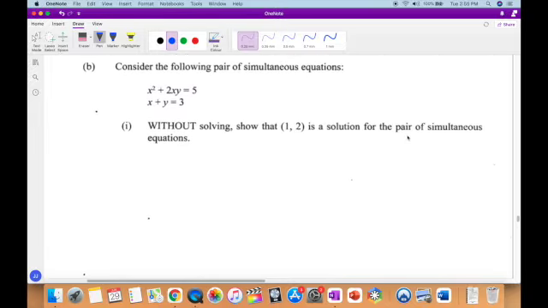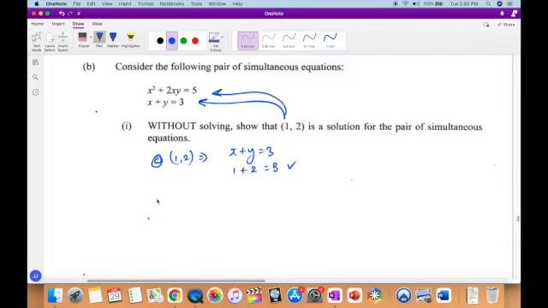Consider the following pair of simultaneous equations. They say, without solving, show that (1, 2) is a solution for the pair of simultaneous equations. Well, if (1, 2) is a solution, that means that that point will work for both equations. So at (1, 2) we have x plus y equal 3. x is 1 plus y is 2 is equal to 3.